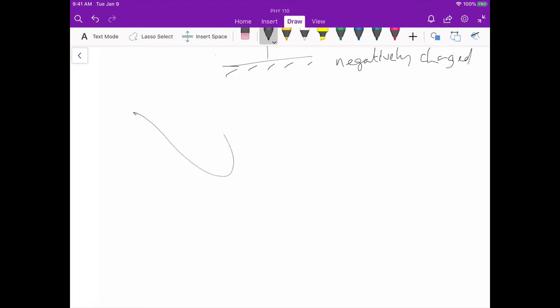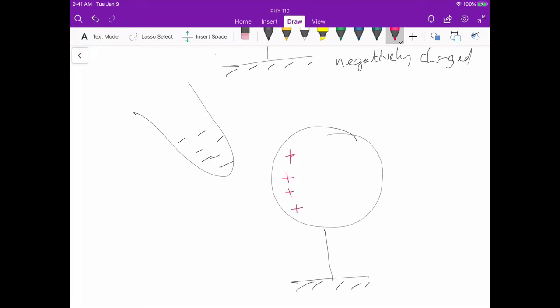You still have the rubber rod, which is negatively charged, and you have this metallic material, and you bring it close to this. As always, the positives will populate on this side. Why?